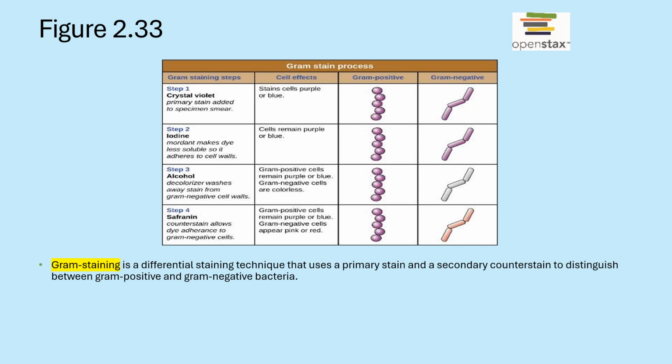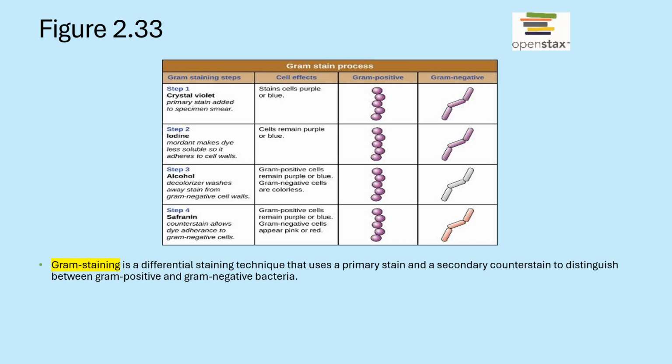And so the difference in the way they react on the gram stain, it all has to do with the differences in the structure of the cell wall. That's also going to play a role. The difference in the cell wall is going to play a role on why they respond differently to antibiotics.